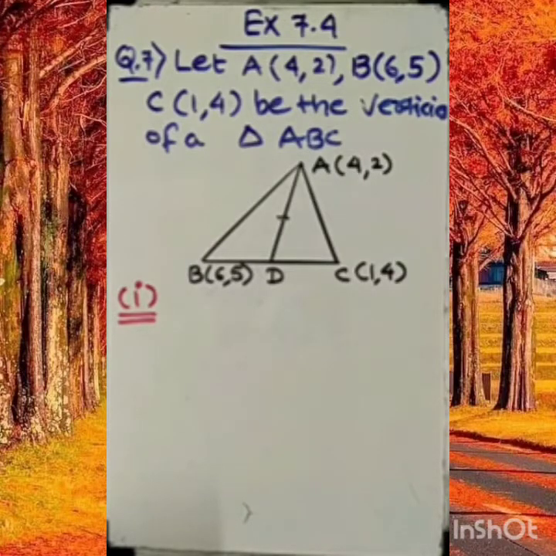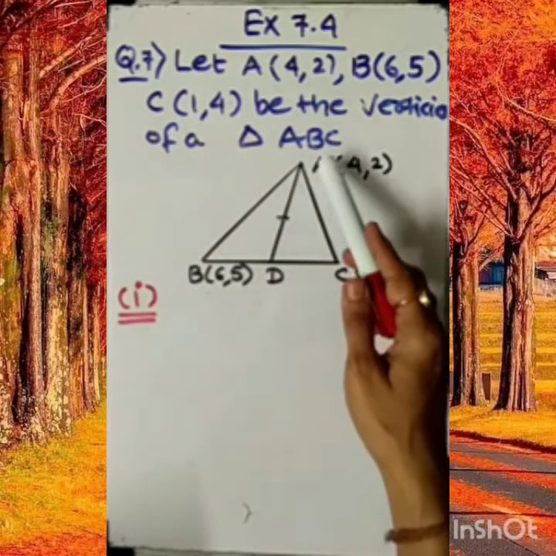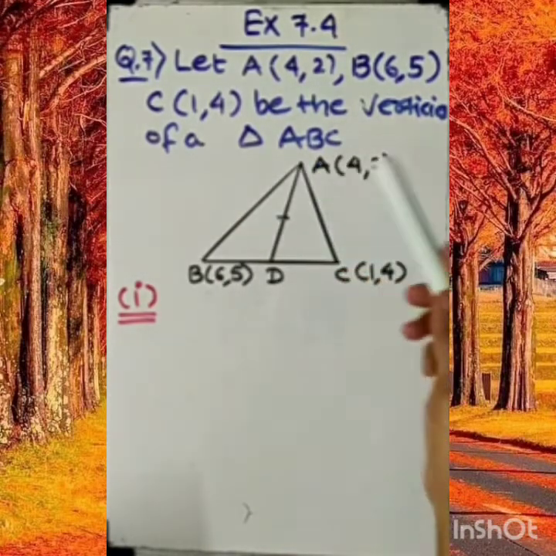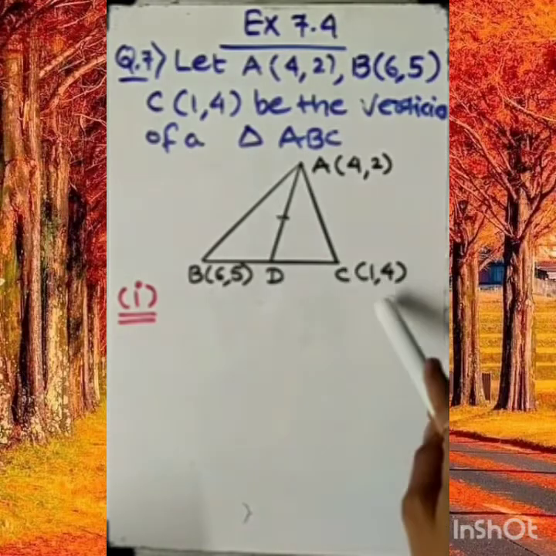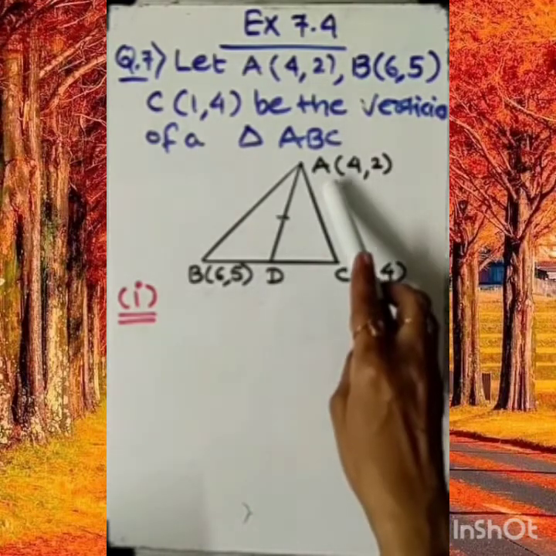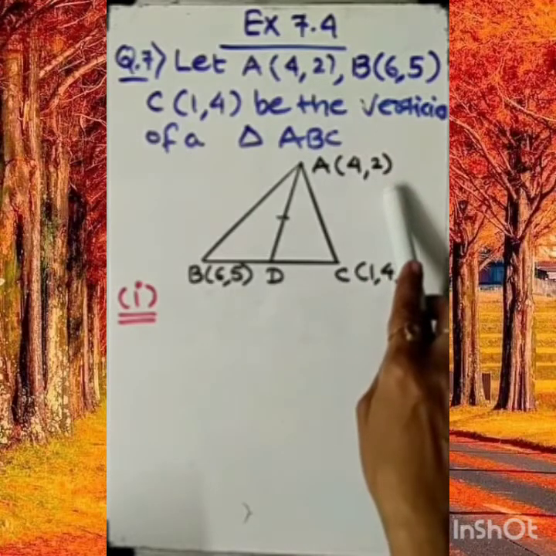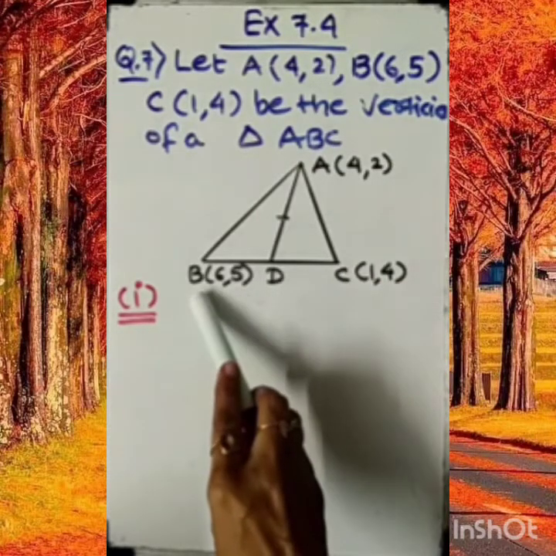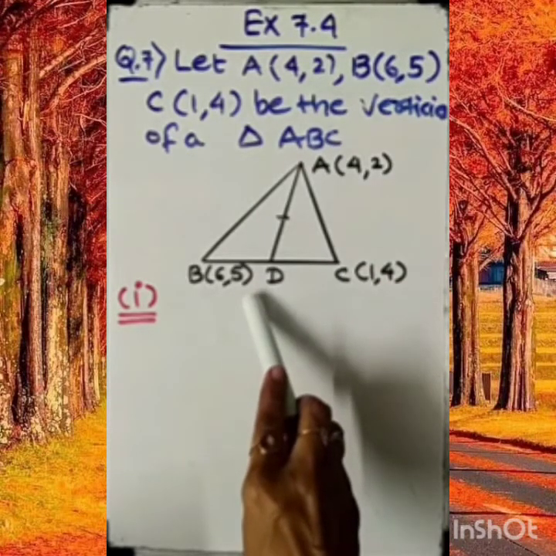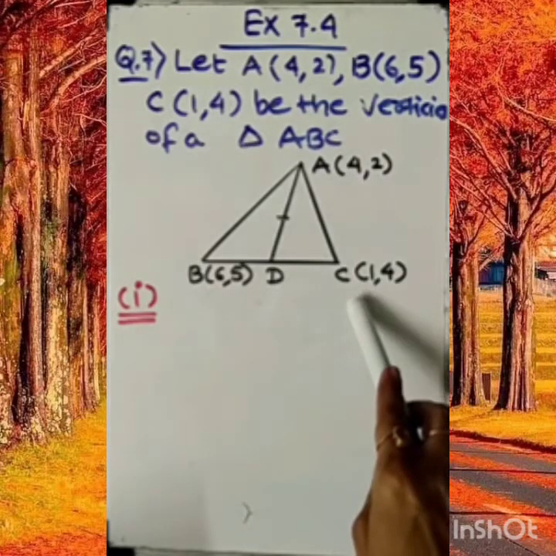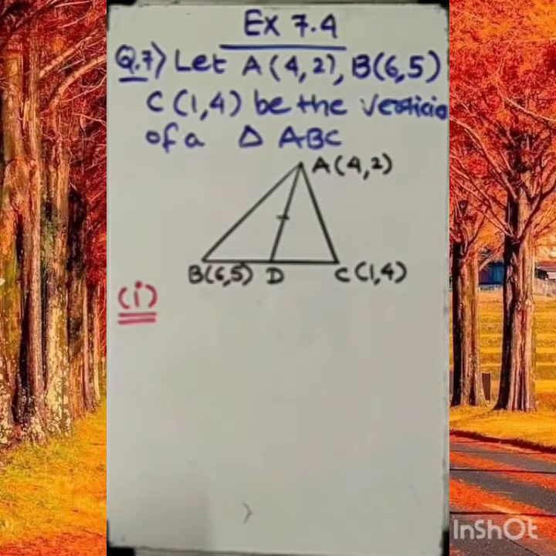Let's try to solve them. You can see on your screen one triangle, triangle ABC. Vertex A carries 4, 2 as its coordinates, B has 6, 5, and C has 1, 4.